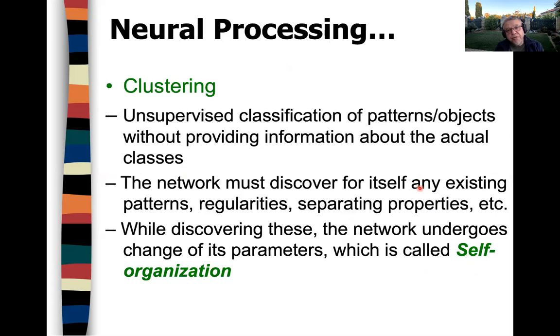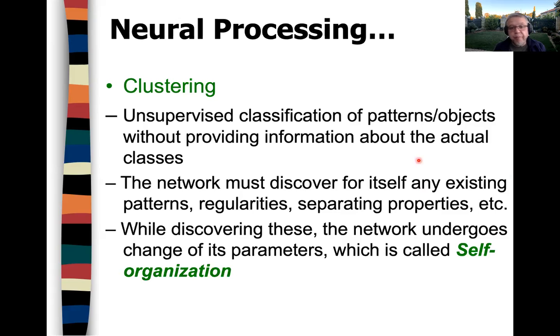Another neural processing is clustering. In this case, this is an unsupervised manner, so you don't have a supervisor. As it says on the slide, it is unsupervised classification of patterns or objects without providing information about the actual class. You're assuming that your deep learning system is able to learn by itself in an unsupervised manner.